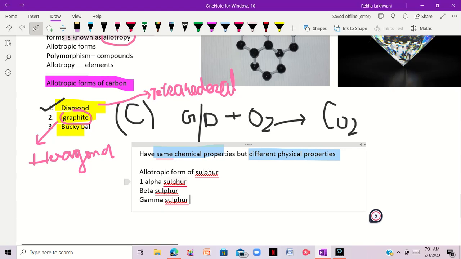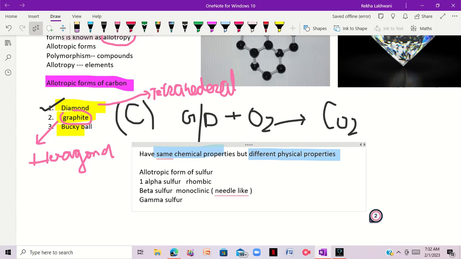Alpha sulfur has a structure which is basically rhombic. It is also known as rhombic sulfur. Beta sulfur is also known as monoclinic sulfur, which is quite needle-like.